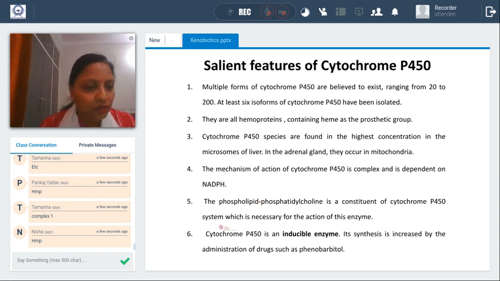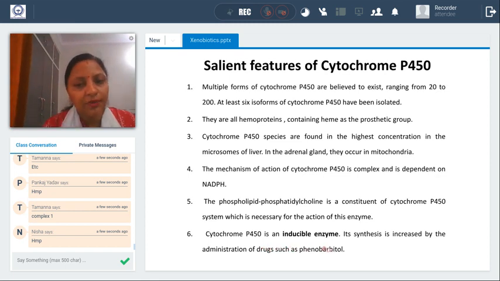Okay, very good. The phospholipid phosphatidylcholine is a constituent of the cytochrome P450 system, which is necessary for the action of this enzyme. Cytochrome P450 is an inducible enzyme.